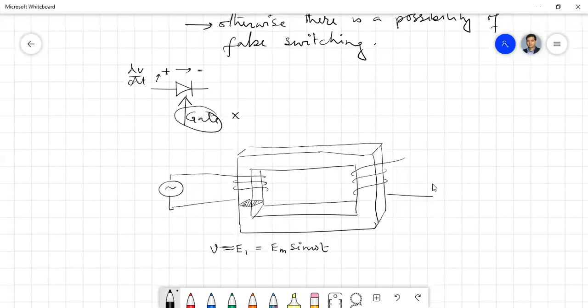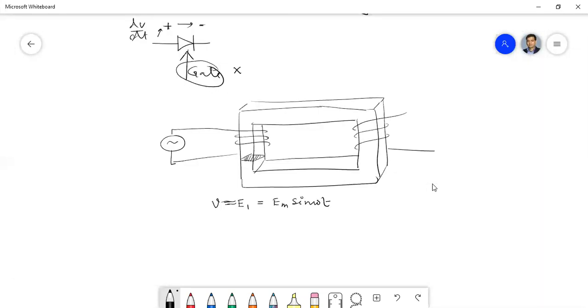Now if we find the RMS of E1, you know that it will come around 4.44 F phi m into N, where N is the number of turns in this coil.